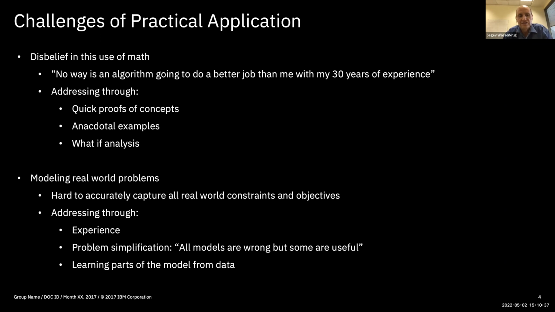And we're addressing this through several things. Of course, our experience, learning new techniques for learning part of the model from data, but also a very important part of the process is that these are not systems that make decisions, at least not to start with. These are systems that recommend decisions. These are recommendation systems. So we always start with making a recommendation to the user, saying, okay, look at the output of the system and you decide, you're the one that ultimately decides whether to implement them or not.